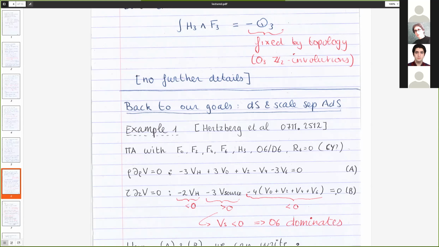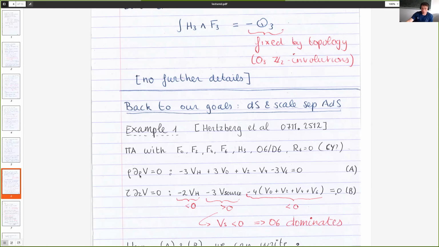So let me again ask these two typical conditions, that the variation with respect to rho and with respect to tau vanishes. If I do that, I get the following two equations. This is a little bit more work, but let me quickly check the second equation. I know that VH is positive, and I know that all these flux energies are positive.